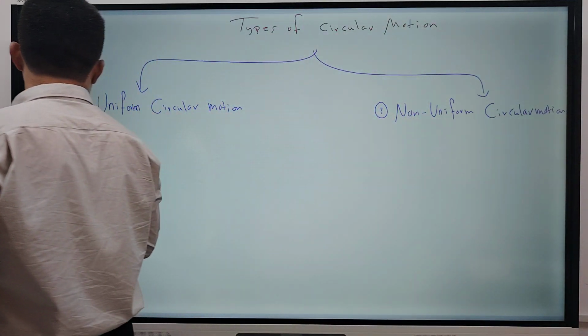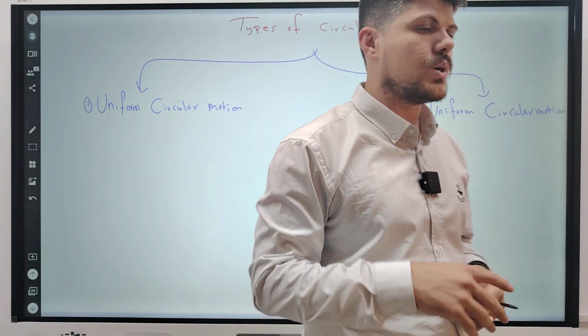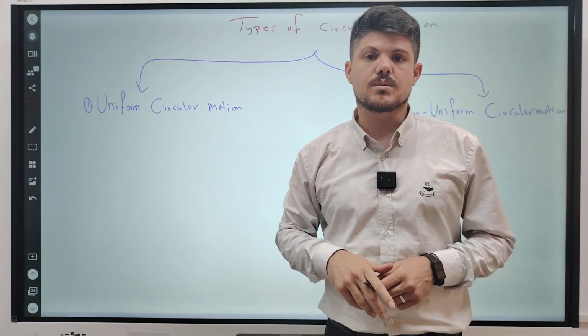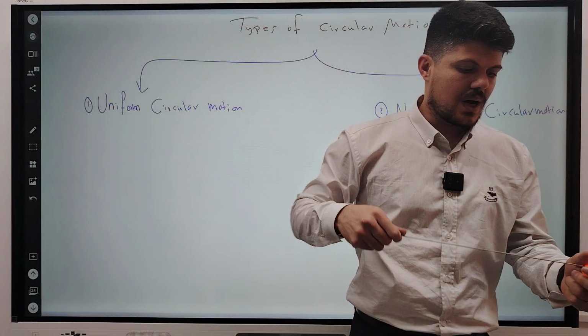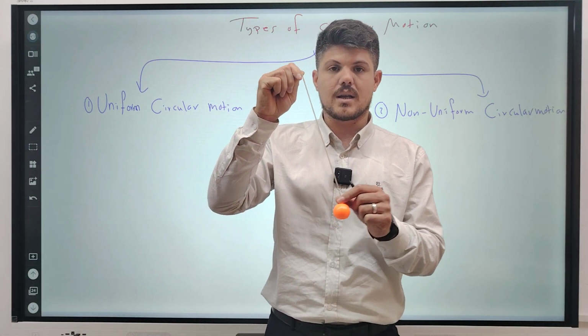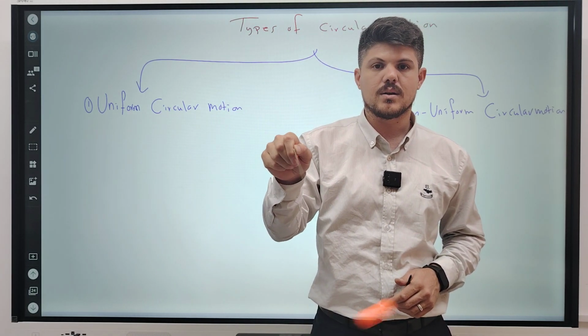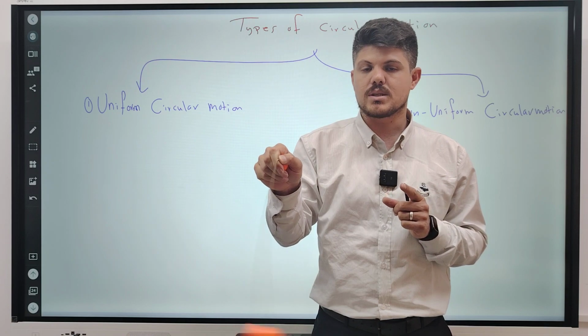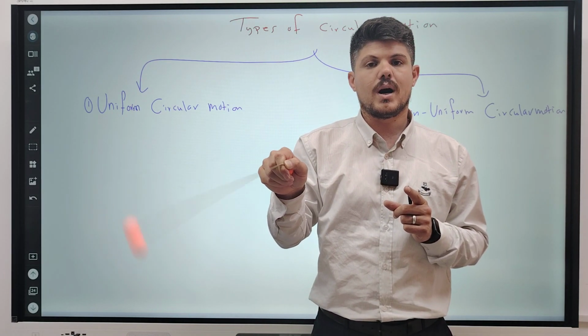In uniform circular motion, the object is moving in a circular path with constant tangential speed or constant angular speed. For example, if you have an object tied at the end of a string or rope and rotating in a circular path, it has uniform circular motion. Why?